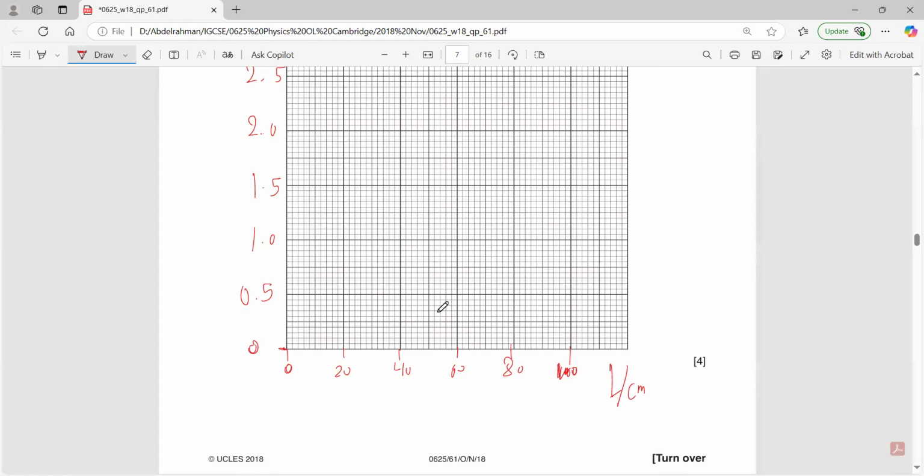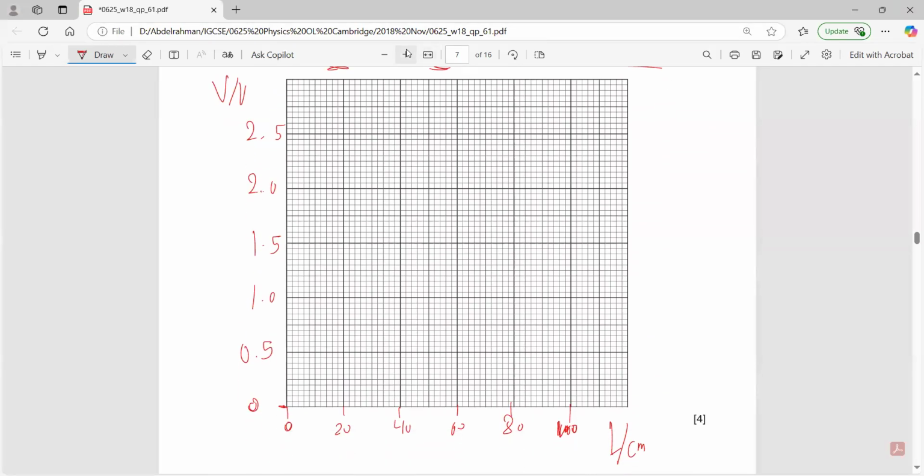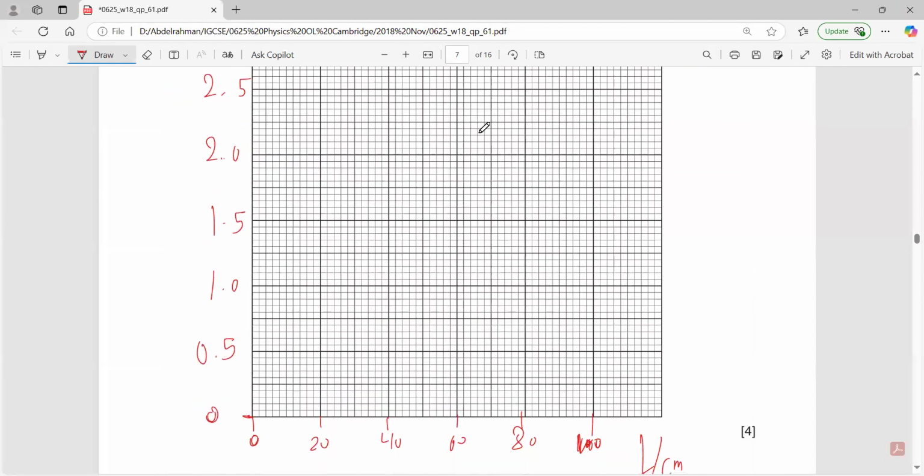Let's plot the numbers. Small x's on the graph. Do not put small points. We need to put small x's on the graph. First number was 20 and 0.5.